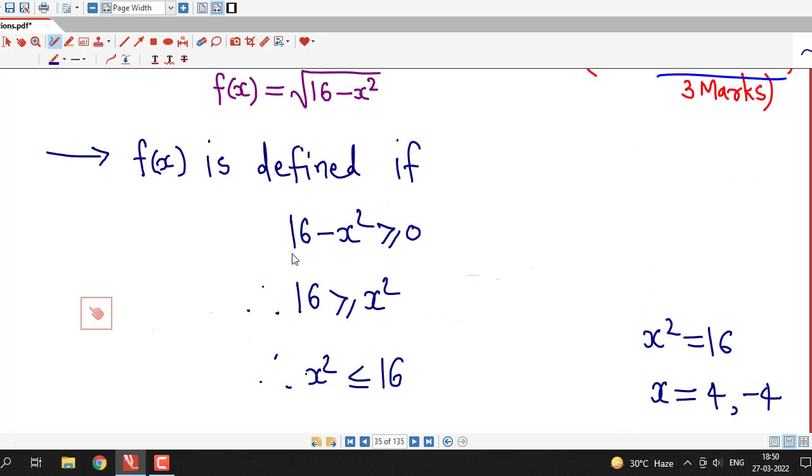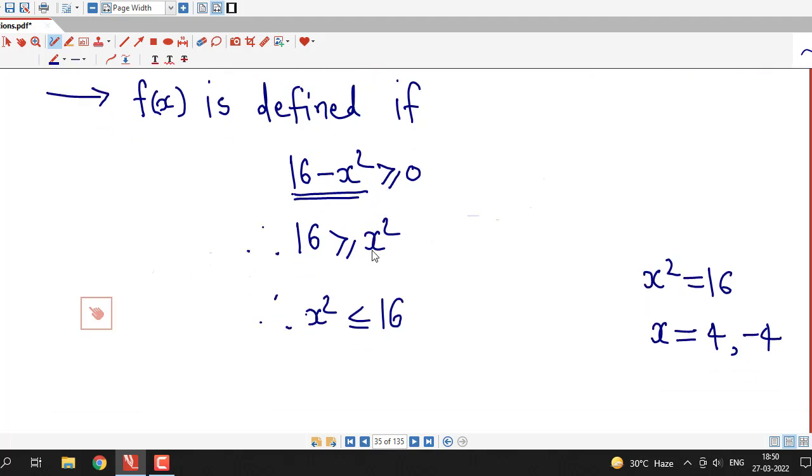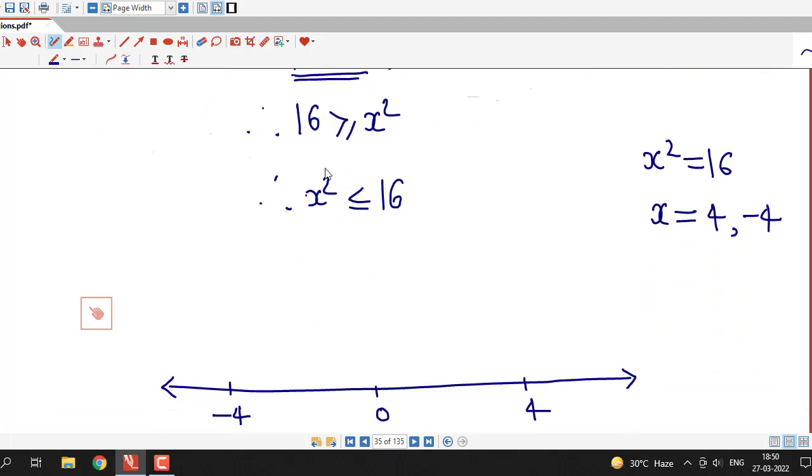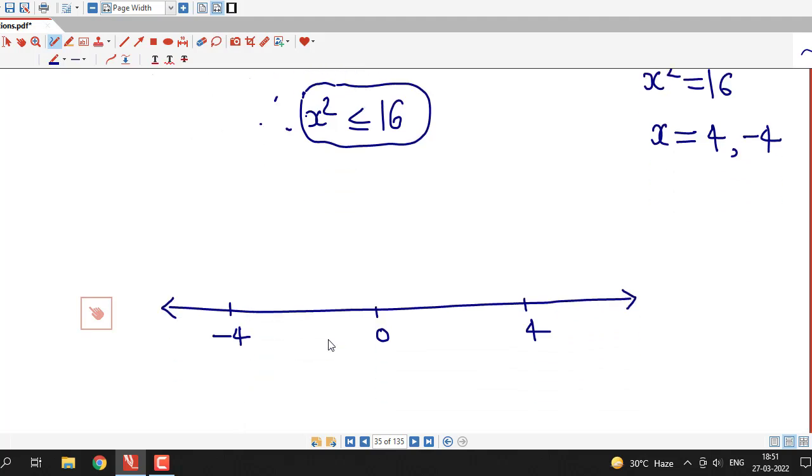I have to determine those values of x for which 16 minus x square is non-negative, and those values of x are nothing but those values for which square of x is less than or equal to 16. So we find that for x square equal to 16, possible values are 4 and minus 4. So equality will hold for x equal to 4 and x equal to minus 4.